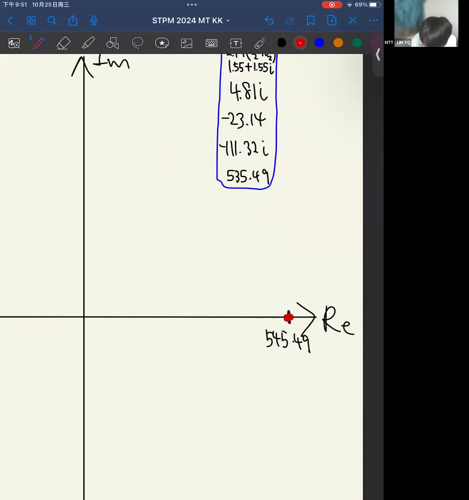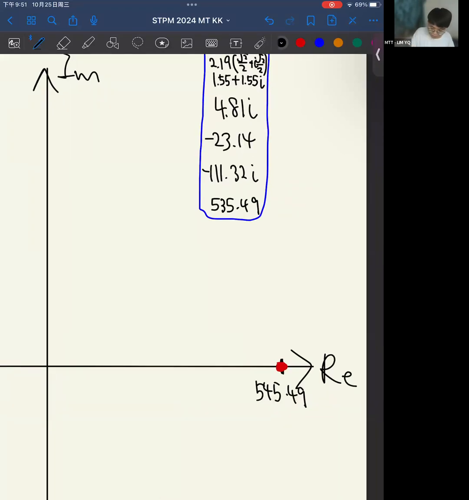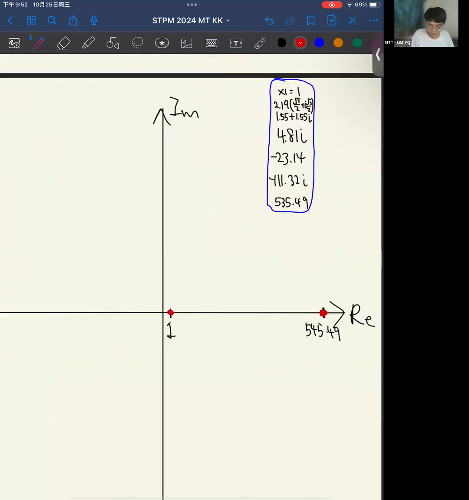Now the first point, 1, is very small compared to 545, so you just put it here. It's a sketch only. In reality you really cannot see it, there is not even space. But in sketching, we can make it. Later, when you use a calculator, it will be a different story.